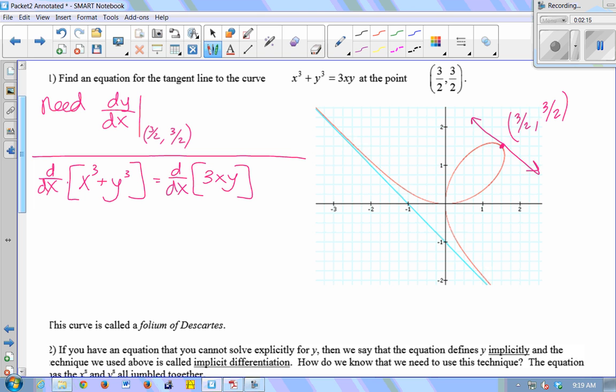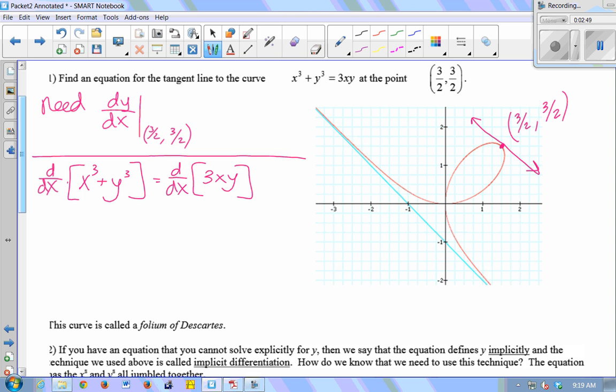If I write d/dx of this stuff, that means take the derivative of this stuff. dy/dx means the derivative of y with respect to x. If I write dy/dx, that is d/dx of y, so it's a shorthand.